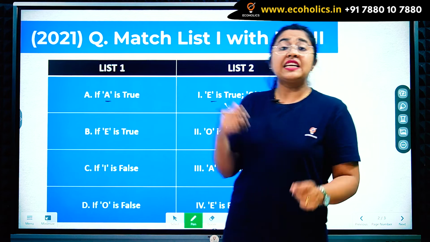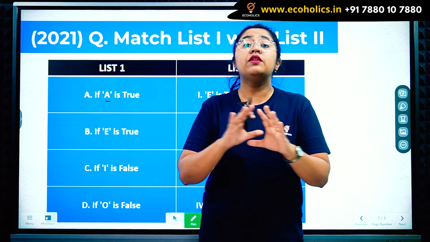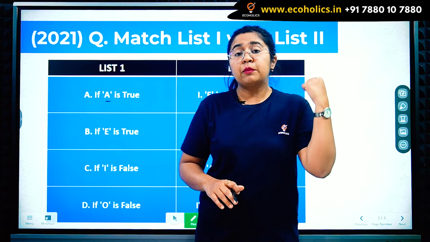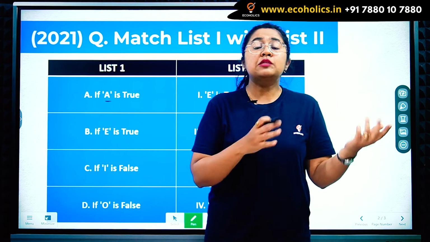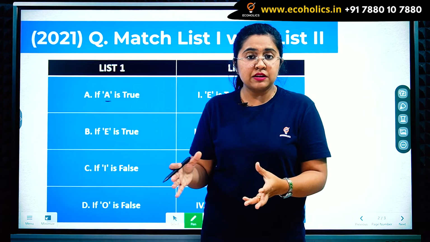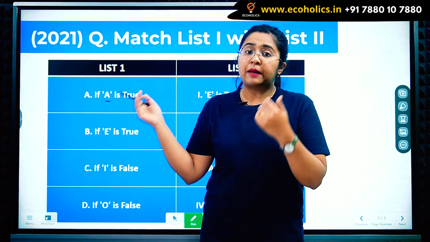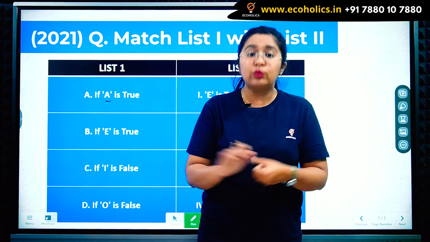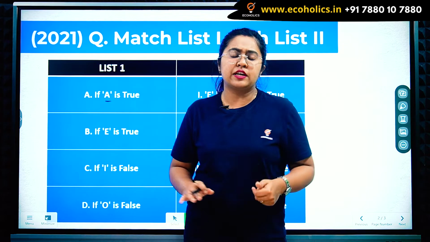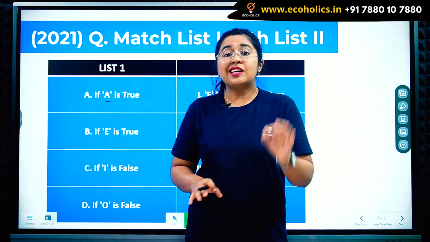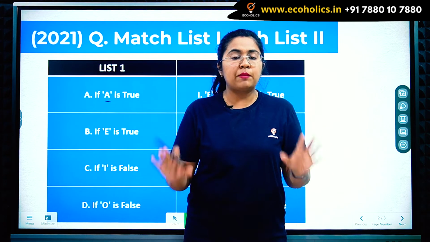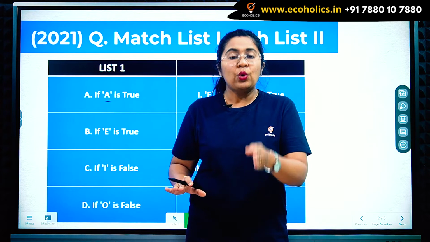Then if we talk about E type of statements, they will be universally negative type of statements. If we talk from the point of view of I, it means partially inclusive statements. And if we talk about O type of statements, then they are partially exclusive statements or partially negative statements.